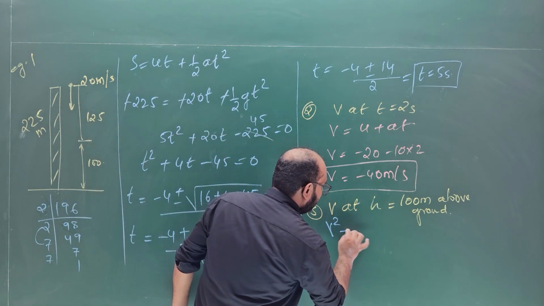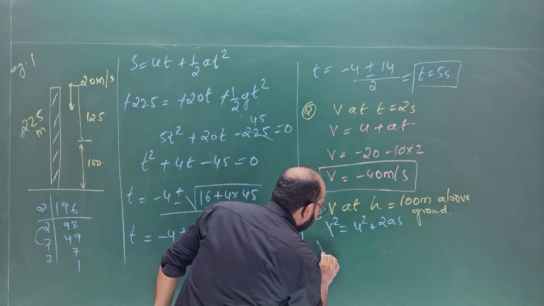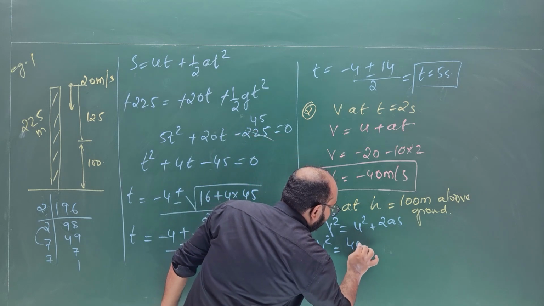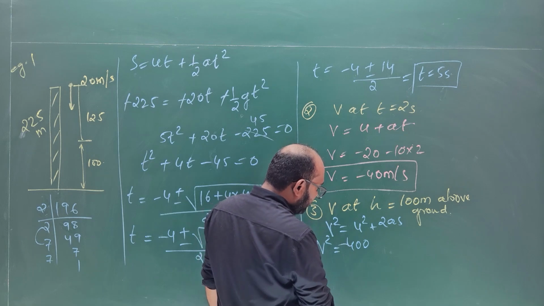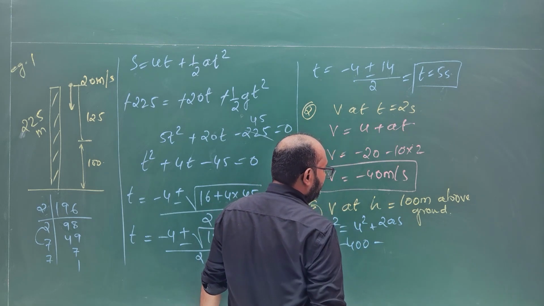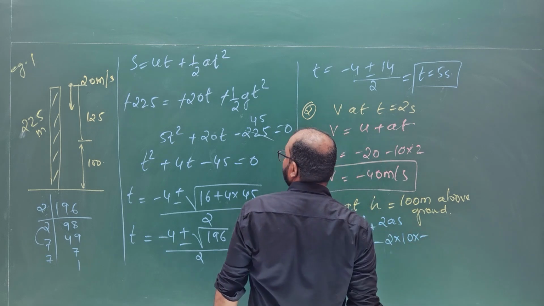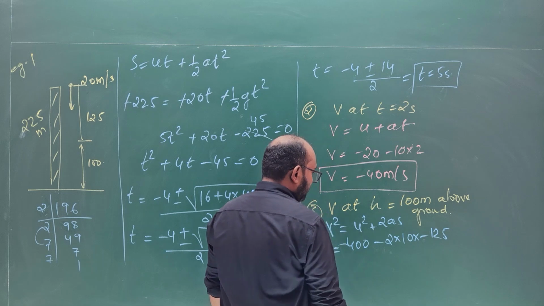Using v square is equal to u square plus 2as, with initial velocity 20, that is 20 into 20, 400, with a negative sign, minus 400, minus 2 into g, 10, into minus 125. This negative and this negative become positive.